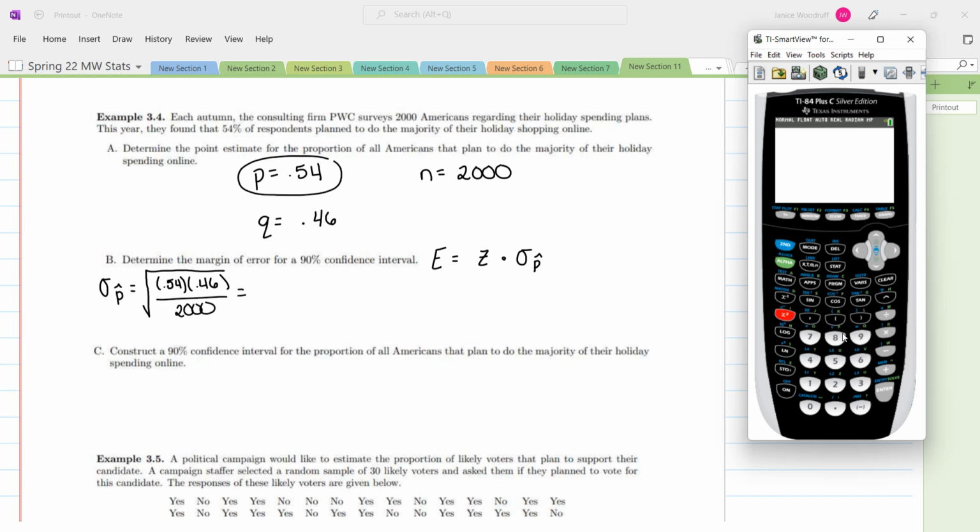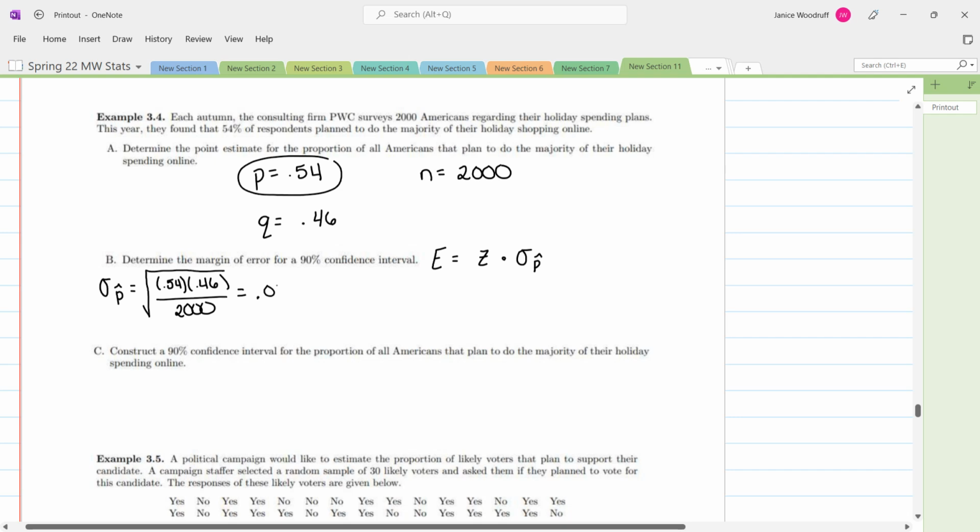All right, so square root, parentheses, 0.54 times 0.46, close that, over 2,000. That'll give us 0.0111. All right, and what's the Z value that corresponds to 90%?